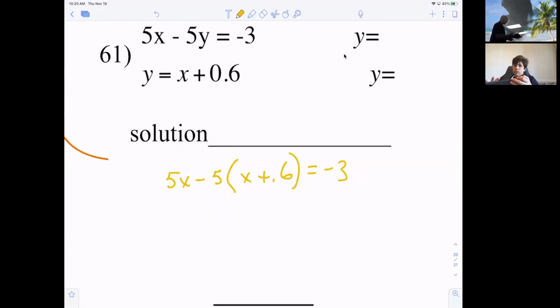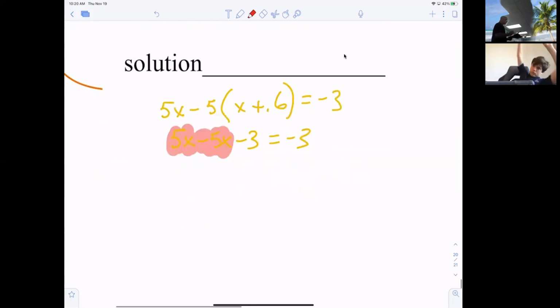When I distribute the -5, 5x minus 5x minus 3 equals -3. So I really like this problem because what happens to the x's? So does -3 equal -3? Yes.